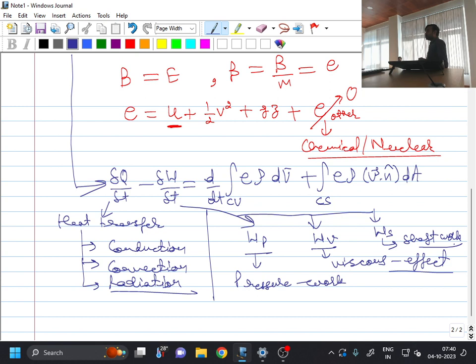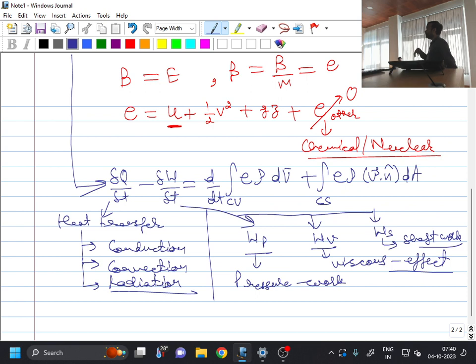So what do we mean by shaft work? Any work taking place through the boundary of the control surface, where that energy interaction is not because of the temperature difference and neither because of the pressure and viscous dissipation, we will call shaft work.